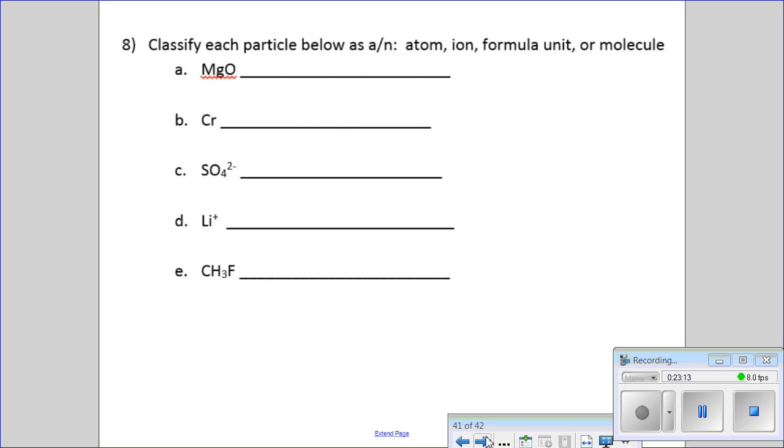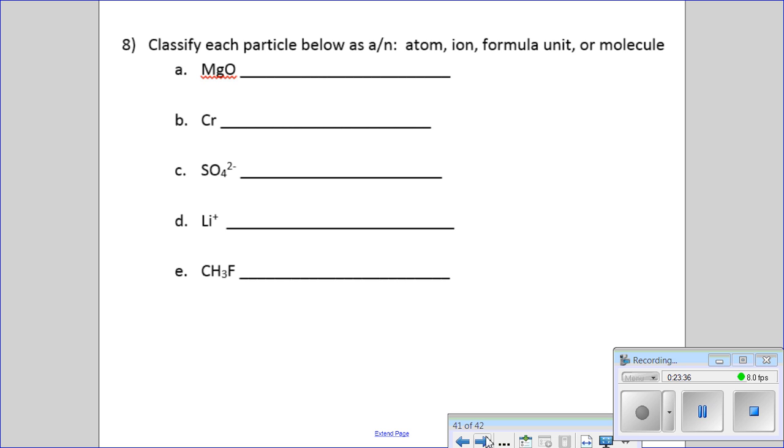Okay, last question. You're supposed to classify each particle as an atom, an ion, a formula unit, or a molecule. So atoms, you're just looking at a single atom, no charge. Ion, you can either be a polyatomic ion or a monatomic ion. Ions are going to have a charge, so look for that.